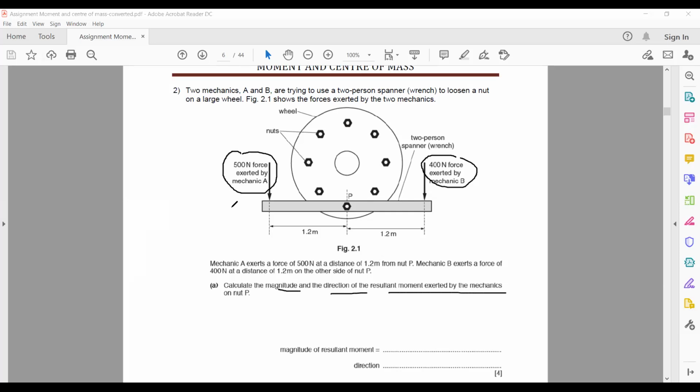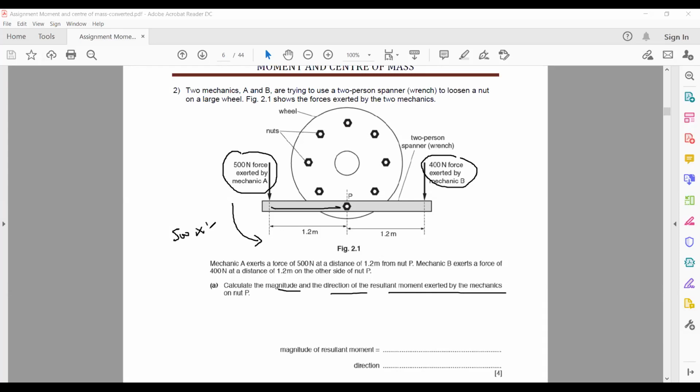So what is the moment caused by mechanic A? What is the value of the moment caused by mechanic A? It will be 500 is the force, and the distance from the pivot is 1.2.